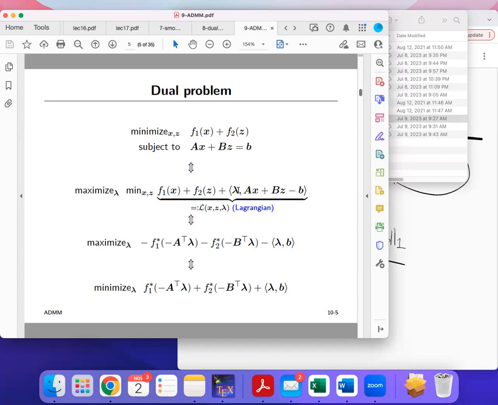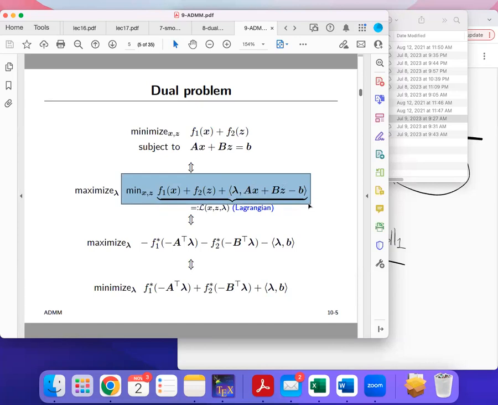Lambda is the Lagrange multiplier, and then we have that equality constraint put here. So this entire function is called the Lagrangian function. And then for the inner problem, it's minimized over x and z.